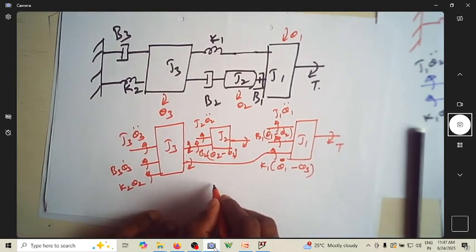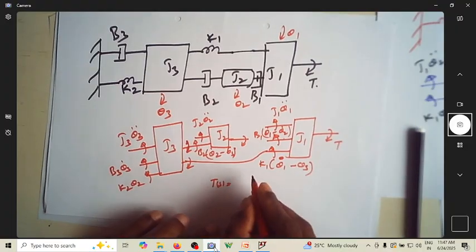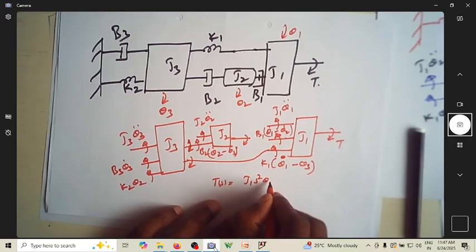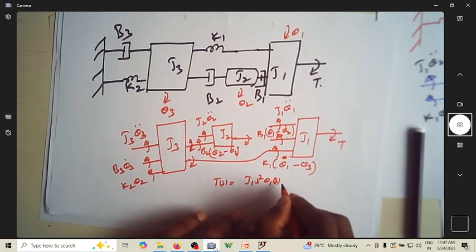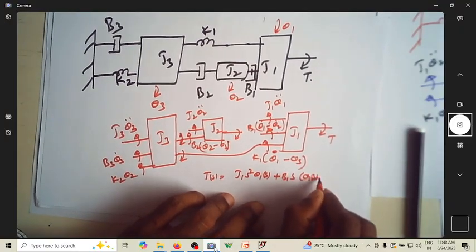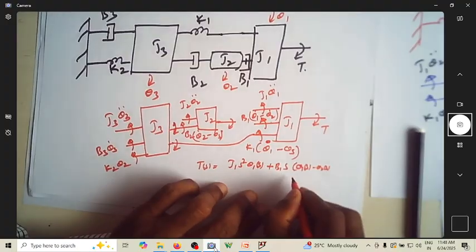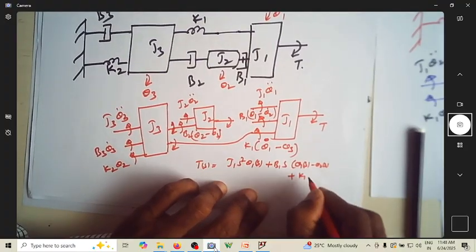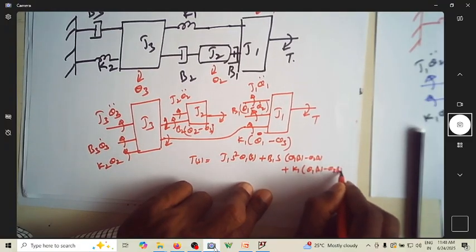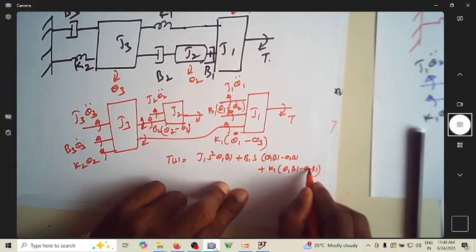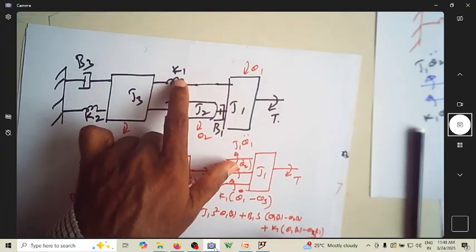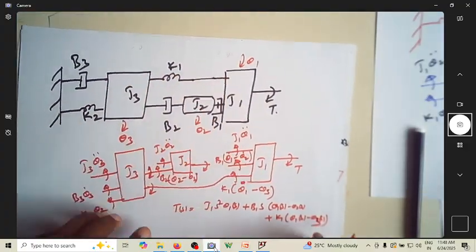So I can write the equation: T of S is equal to J1 S square theta 1 of S plus B1 S (theta 1 of S minus theta 2 of S) plus K1 (theta 1 of S minus theta 3 of S). Correct? This is theta 3 because K1 is between theta 1 and theta 3.